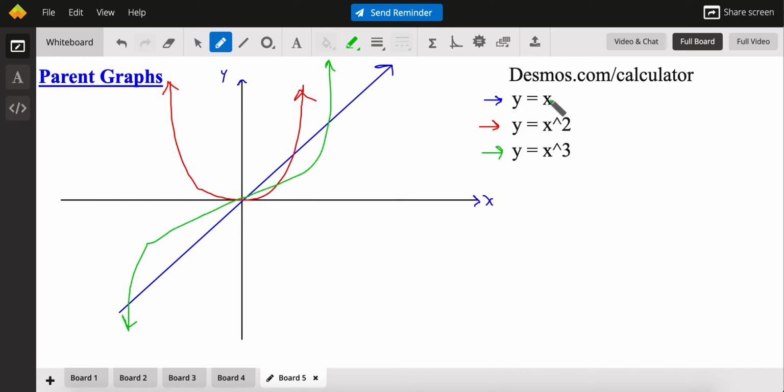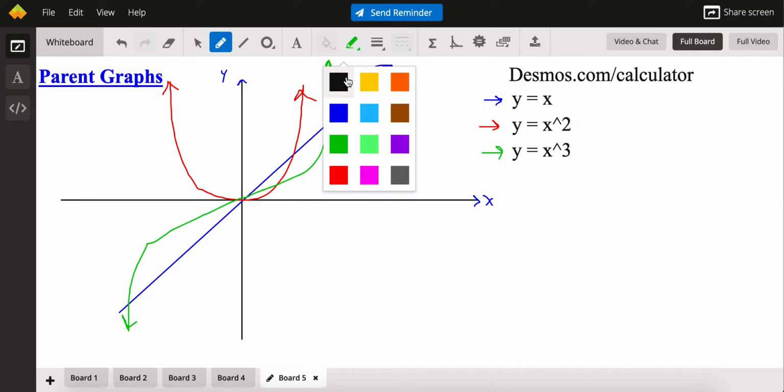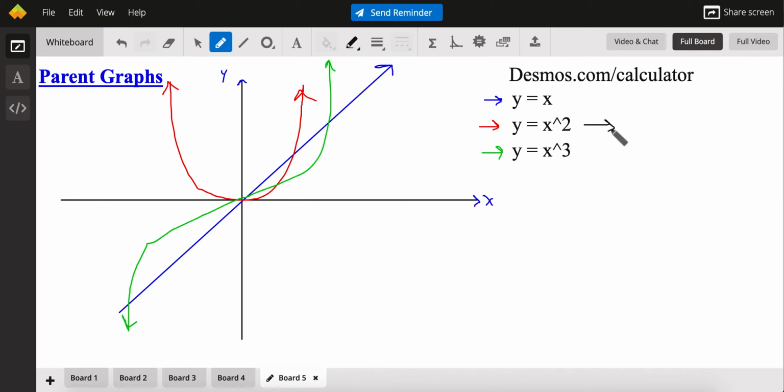Now the reason I usually start by teaching these three, well actually that line, and then y equals x squared and cubed are the curves, is because from here you can get a sense of any other exponential function, right? Because as you go from y equals x squared to y equals x to the fourth power, and actually any even number, x to the sixth, x to the eighth, all of these look kind of like this red U-shaped curve.